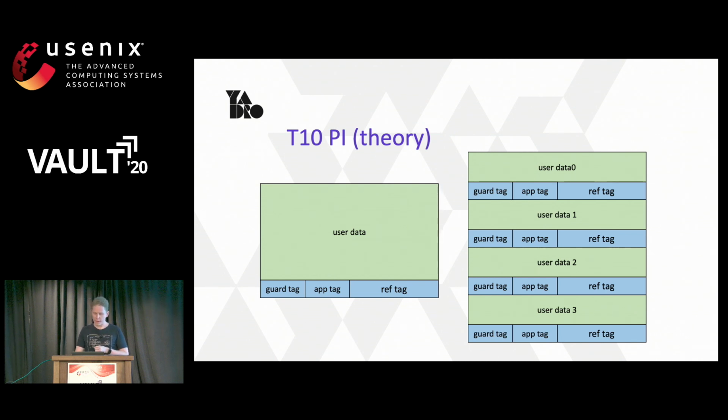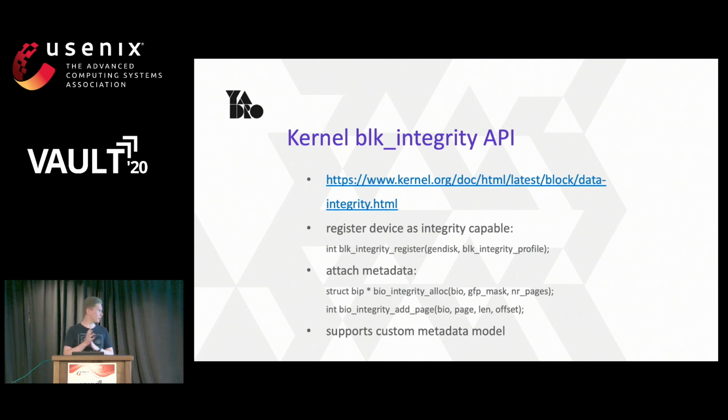From the kernel point of view, we have everything in place as well. We have an API to register devices as integrity capable. We have APIs to attach protection metadata to the page and to the bio structure. It supports custom metadata models that define what metadata we can store and how we verify and generate it.